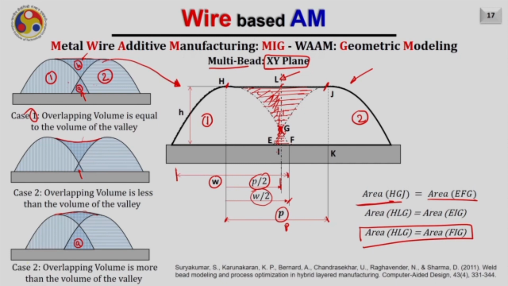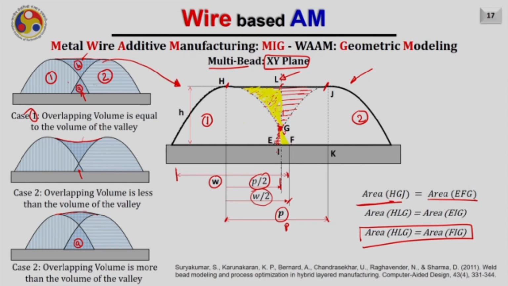So let me highlight the two areas which I am talking about. So I am saying this area, now this area, that is HGL or HLG, will be equal to the area FIG, which is here.